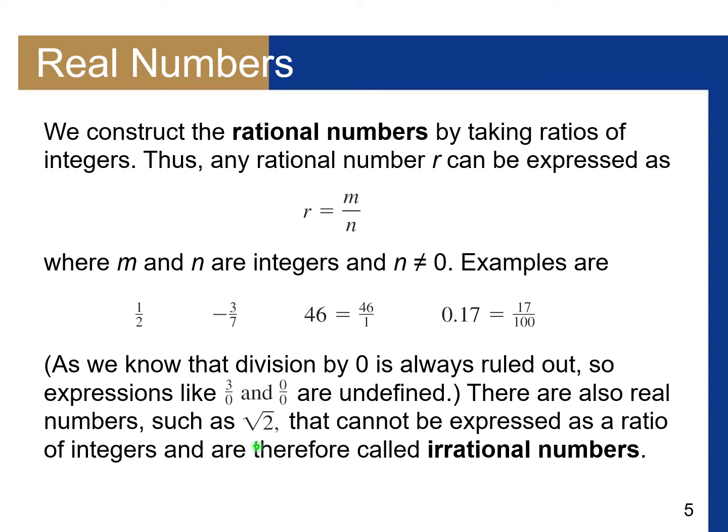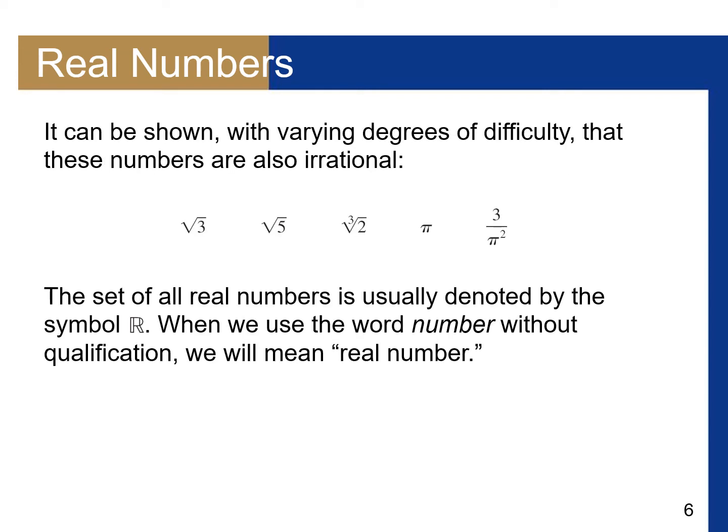Now, there are other real numbers. The real numbers that cannot be expressed as a ratio, such as the square root of 2, are called irrational numbers. Now, you might say, well, can't I put the square root of 2 over 1? Well, you can put the square root of 2 over 1, certainly, or the square root of 2 over any number.